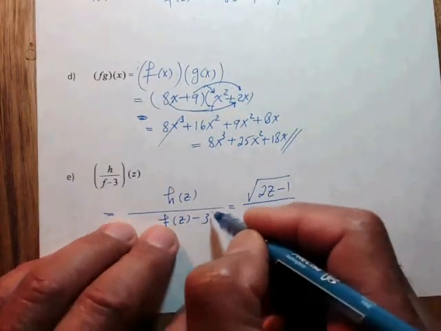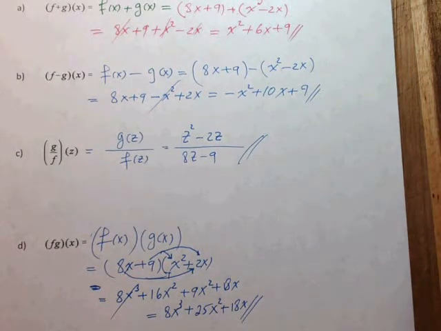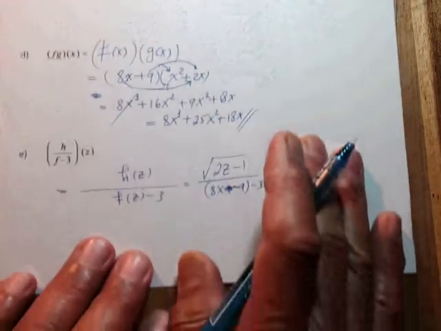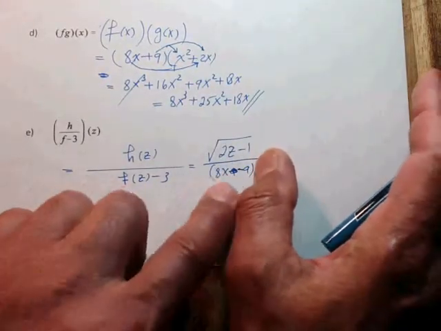And f of z is 8x minus 9, then I just subtract 3 from it, so it's 8x minus 9 minus 3. This is f of z.